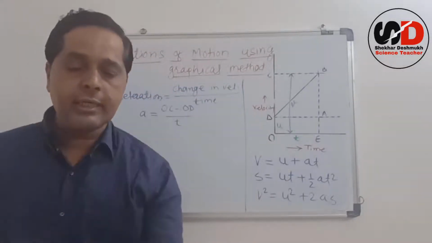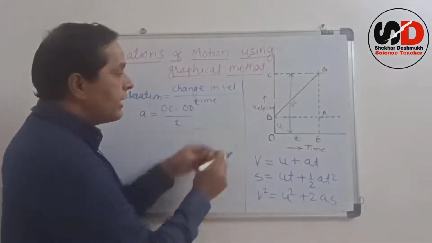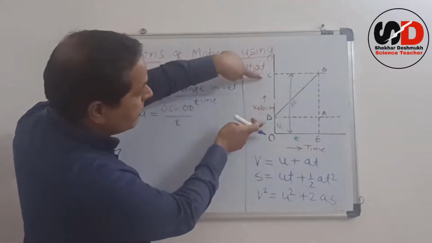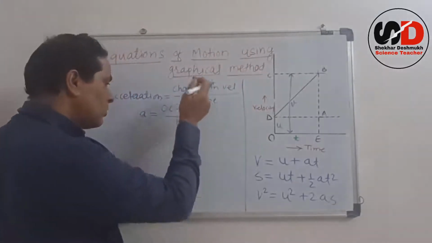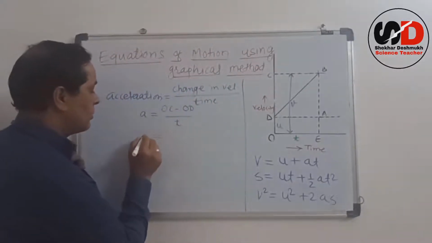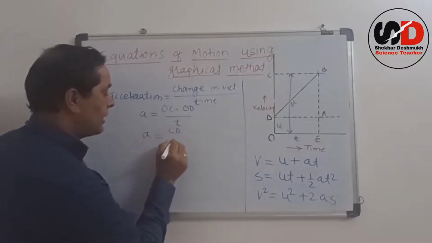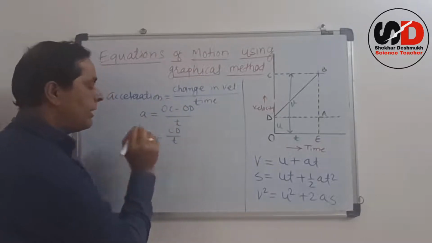If we see this graph, we can easily see that OC minus OD is nothing but CD. So A is equal to CD upon T.